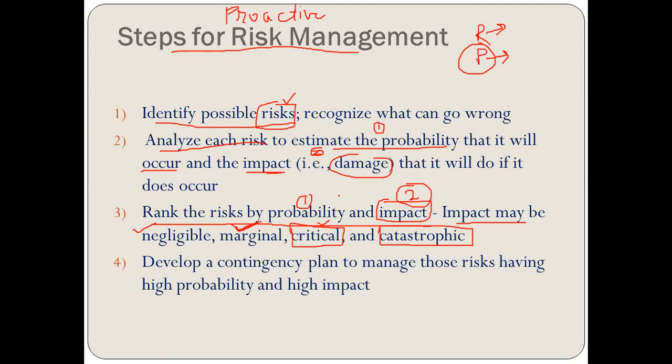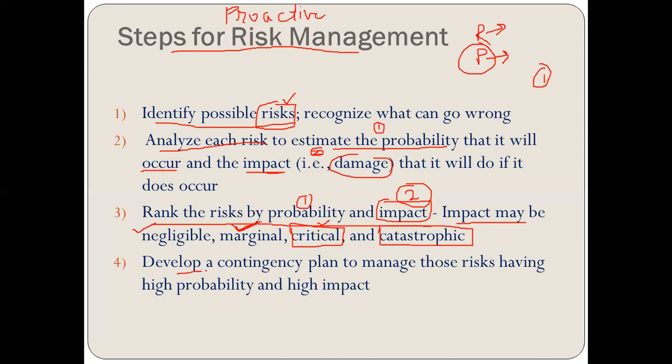The one which is having the highest probability of occurrence and impact, I'll take it as priority 1, right? Example, the one which is going to hamper the schedule, that is the date of delivery, and the cost, are the major points on which we have to take action for the risk.